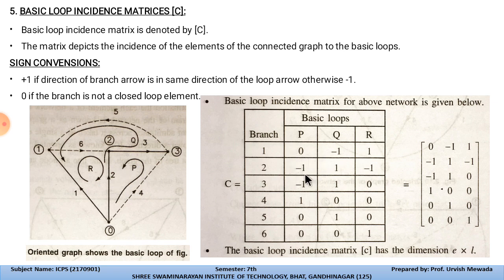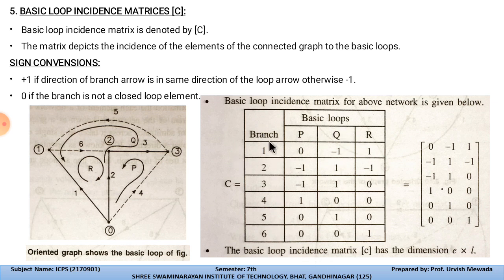And branch number 2 with Q, the direction of Q is in this direction, so both are in the same direction, so it is taken as +1. And number 2 with R, this is the R, both are in the opposite direction, so it is taken as -1. So this is how, by checking the direction of the arrow and the direction of the loop, you can form the matrix.